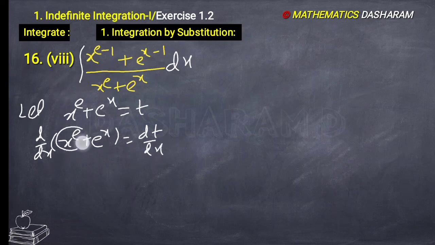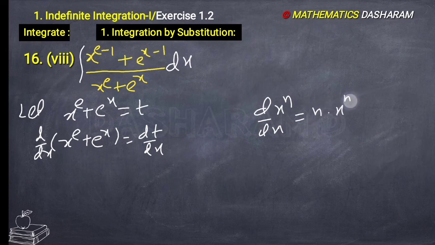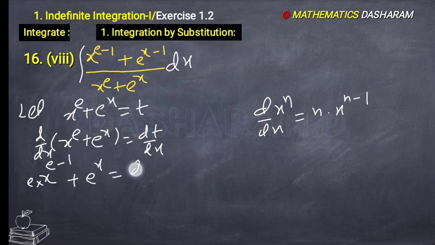Here the derivative of x to the power of n equals n into x to the power of n minus 1. So in place of n we have e. So that is why e into x to the power of e minus 1, plus the derivative of e to the power of x, which is e to the power of x itself, is dt by dx.